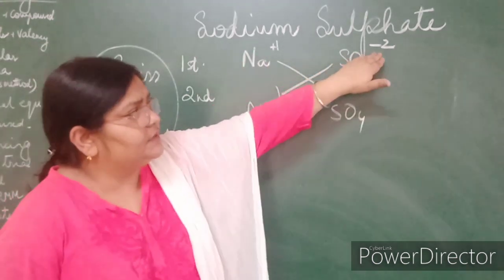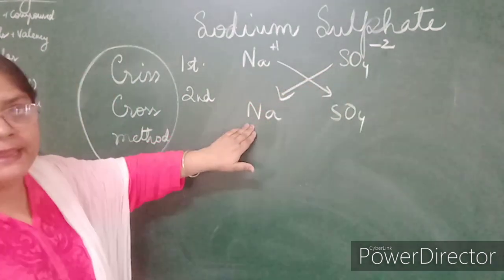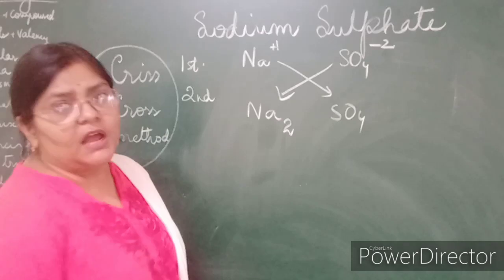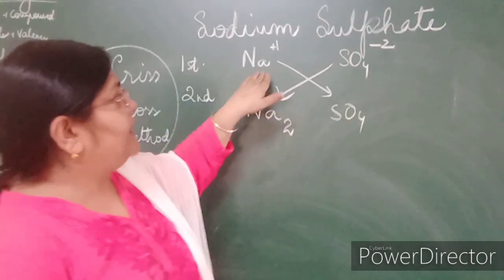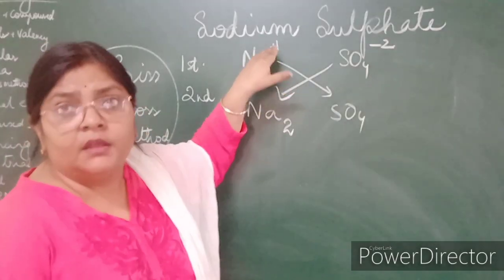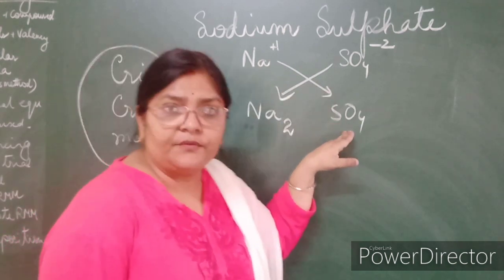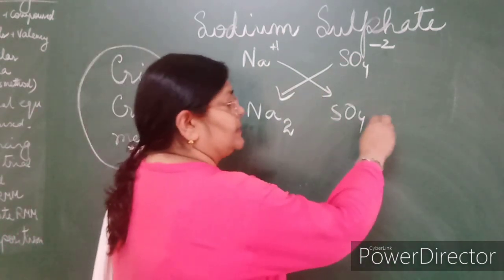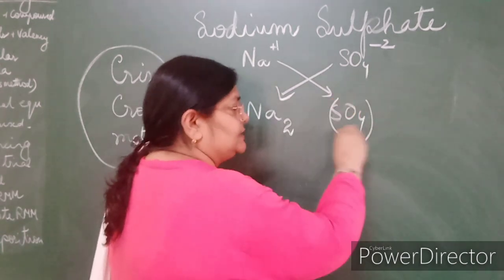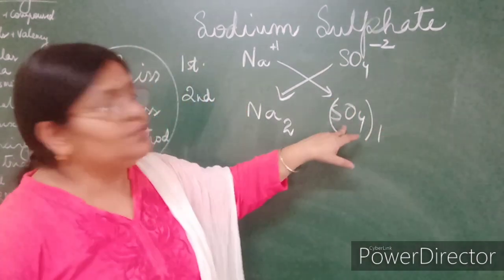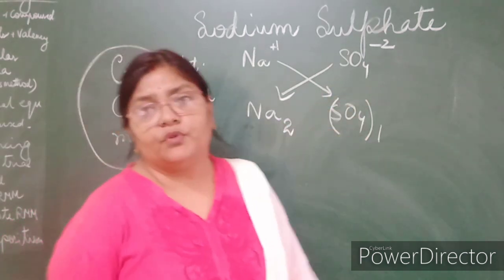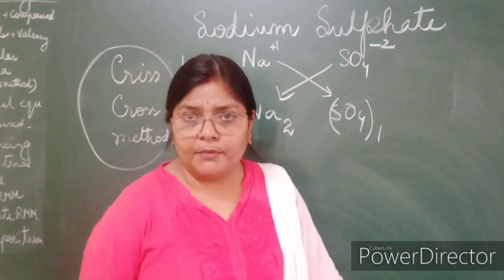So the valency of sulfate will come to Na, written as a subscript down. The valency of Na is 1. Now this will go to the sulfate ion, and this will again be written as a subscript. But as this radical is made up of two elements, it is a compound radical, so we will put a bracket before we write the number.